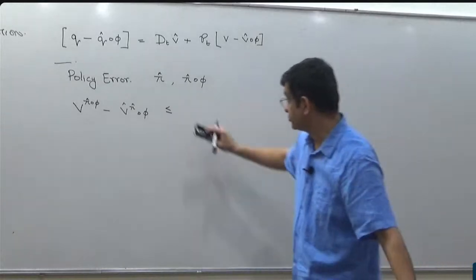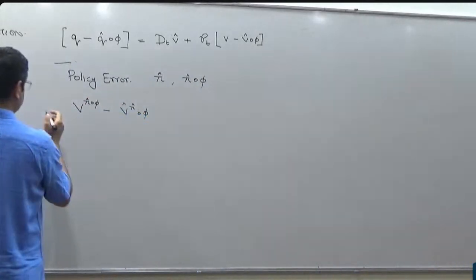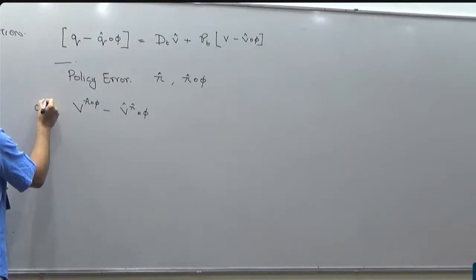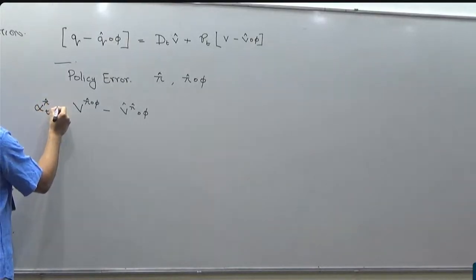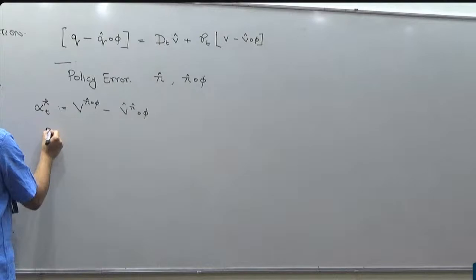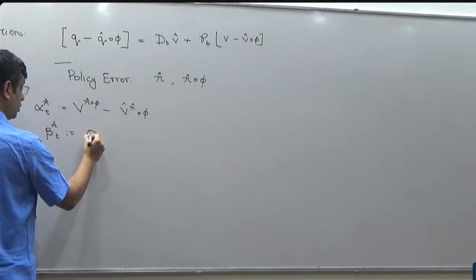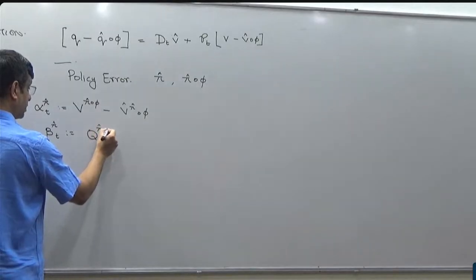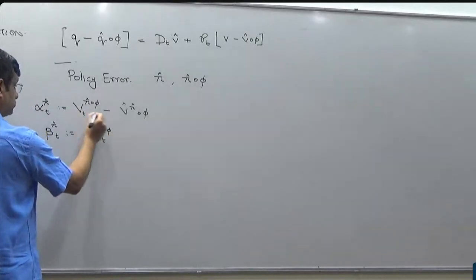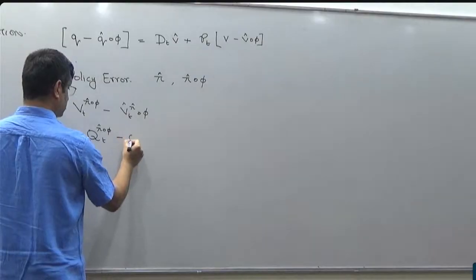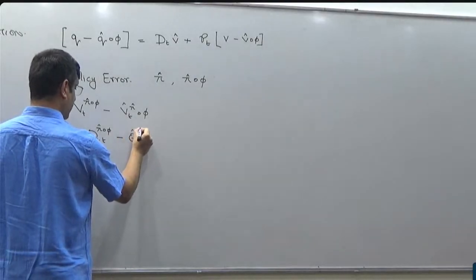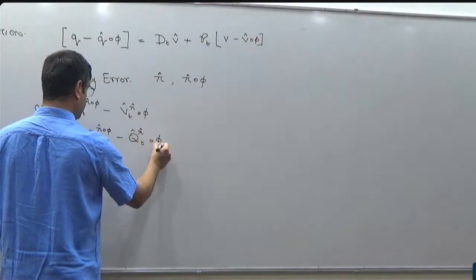let us see. So, we are going to call this alpha pi hat t, and I will define beta pi hat t to be equal to q pi hat composed with f at t minus q hat pi hat at t composed with phi.